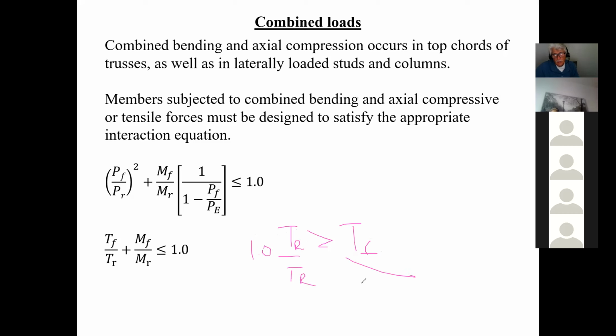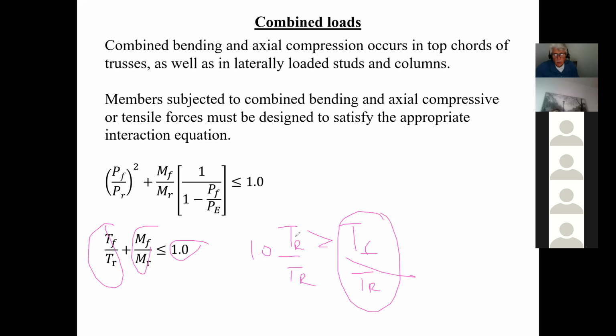So therefore, TF over TR has to be less than or equal to 1. So basically what you're doing is you're taking this ratio as if it's acting by itself, and that's what you're doing once, and now you're adding a moment. So the two ratios combined have to be less than 1. And that's all you're basically doing.